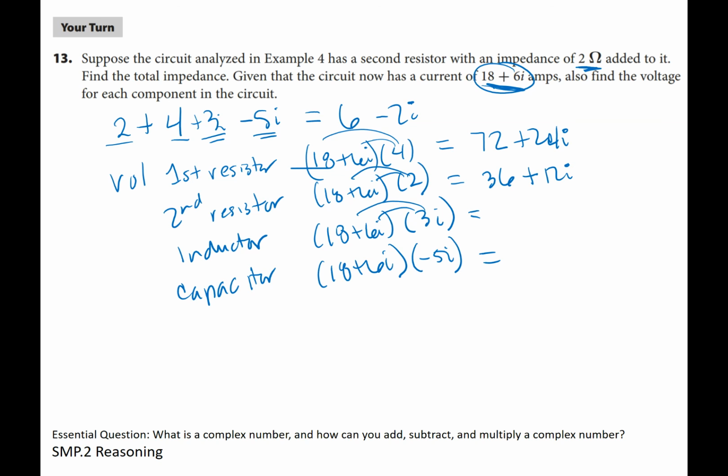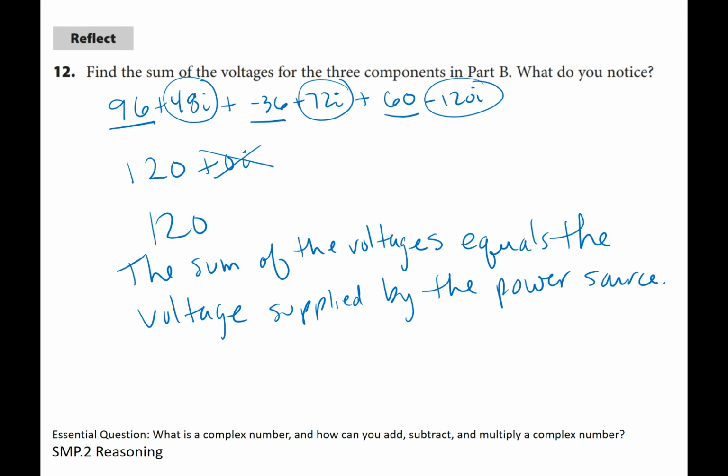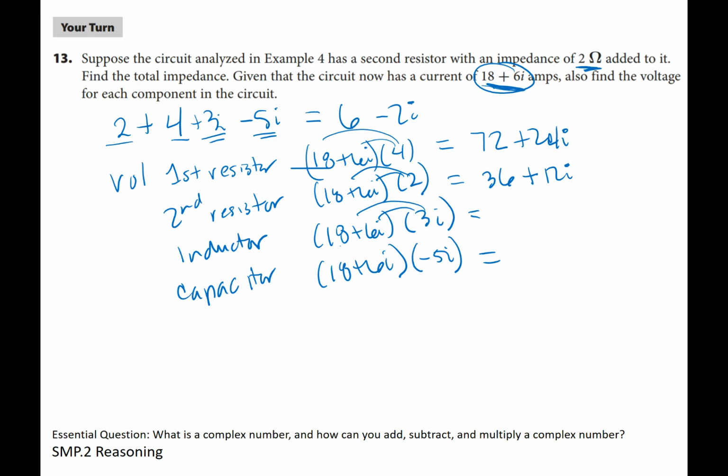Distribute this in. 18 times 3i, we're going to automatically put the i to the back, is 54i. And then 3i times 6i is 18i squared, which is better known as negative 18, because i squared is negative 1.